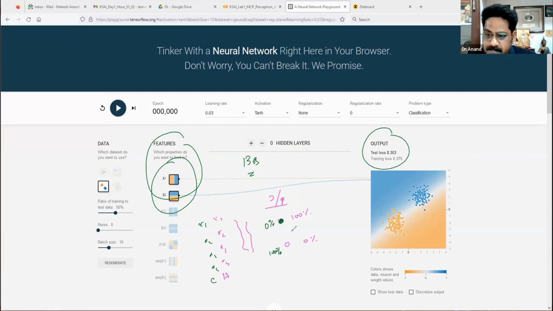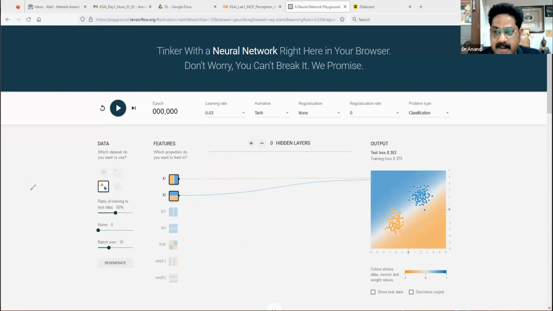It's a linear relationship. As the complexity increases, accordingly I have to introduce hidden layers. And when I extend the same gradient descent logic to multiple layers, there comes the rule called back propagation and all those things. We'll be learning that.